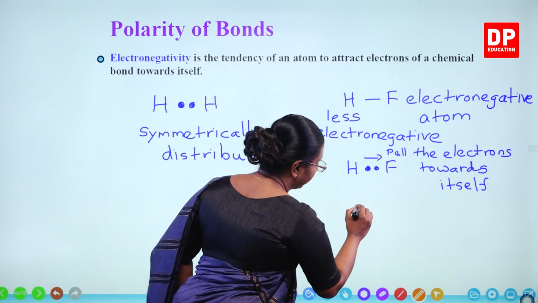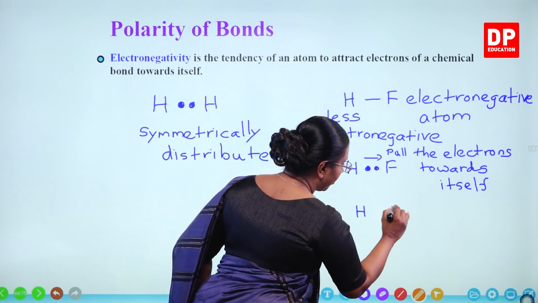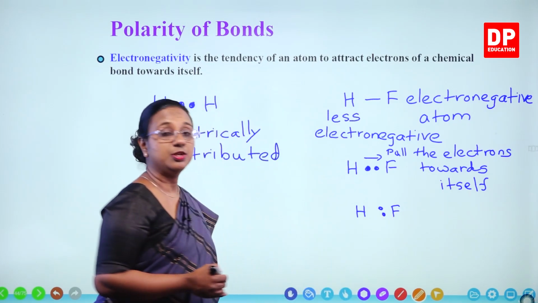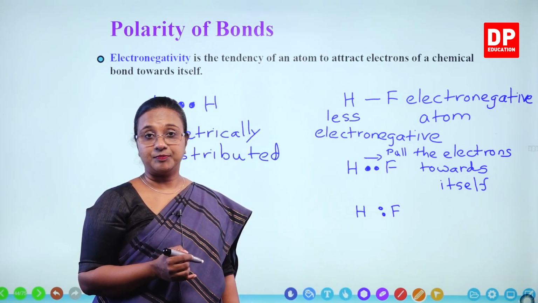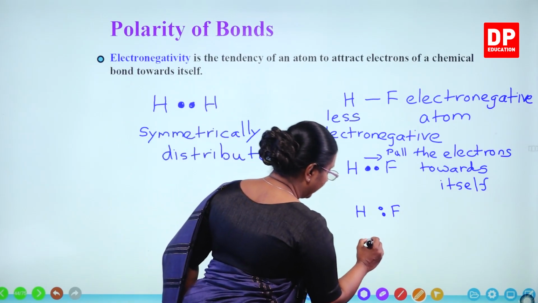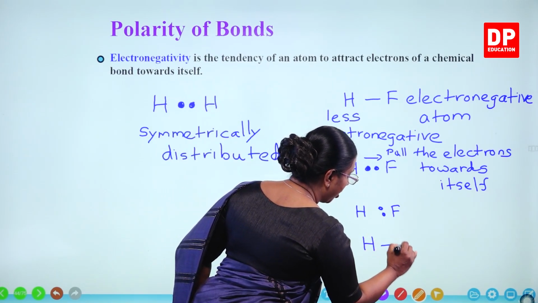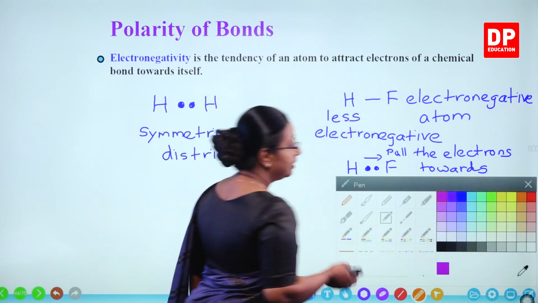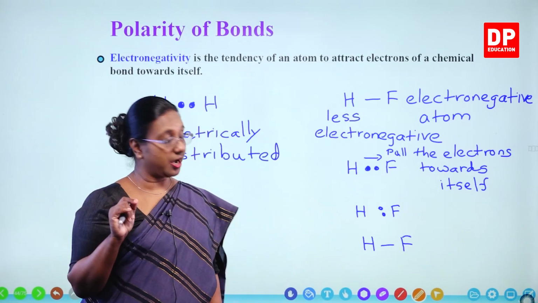So if you look at the bond, most of the time the electrons will be towards the fluorine atom. Therefore, when we denote this as a bond, we show it with partial charges.